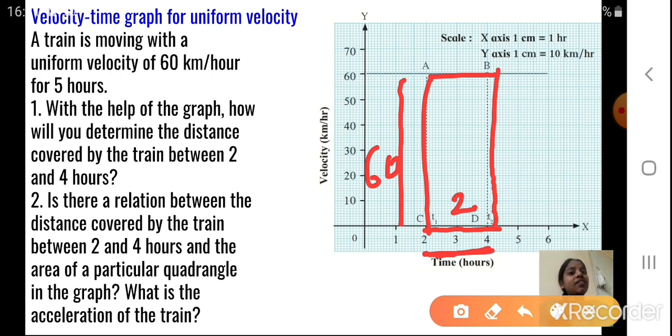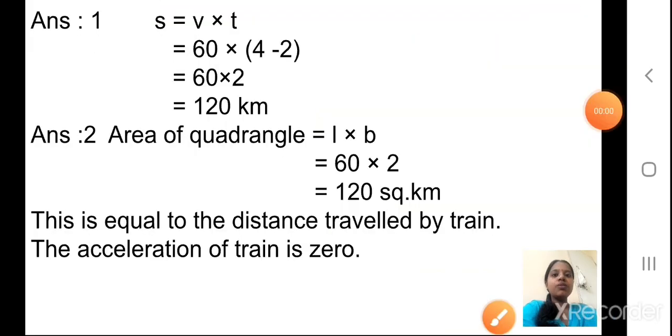Yes, I can find it. Okay, students. So we'll see whether whatever answer we are getting for this area is similar to the distance travelled by the train. Okay, and what question they have asked? What is the acceleration of the train? So we have to also see what is the acceleration. Okay, we will continue. See here.